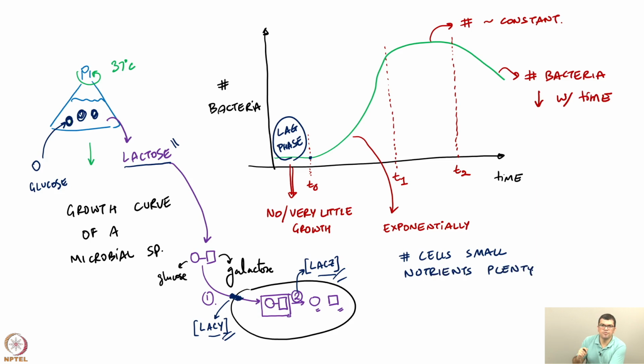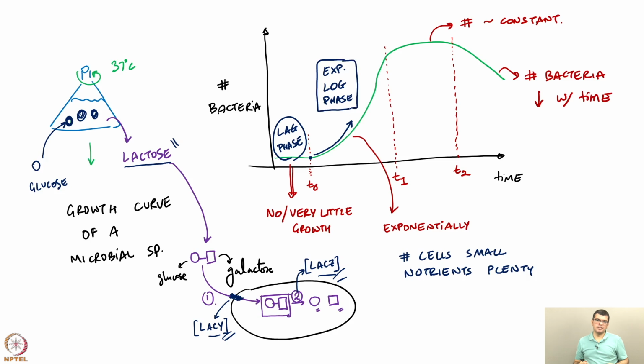So, 2 become 4, 4 become 8, 8 to 16, and so on. As a result, with time this phase of growth exhibits an exponential increase in number. Hence, for this reason this phase is called either the exponential phase or the log phase of growth. And this is the second phase associated with bacterial growth.